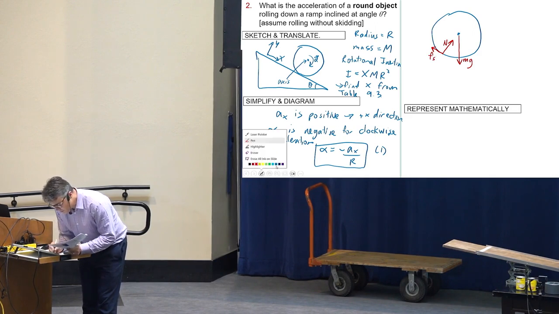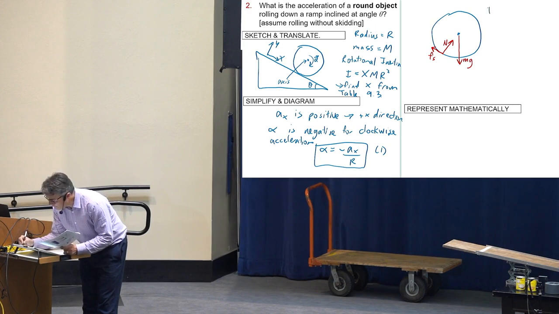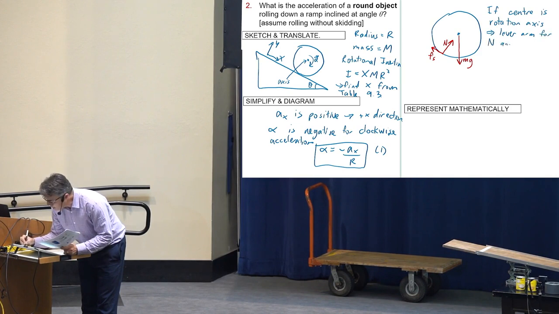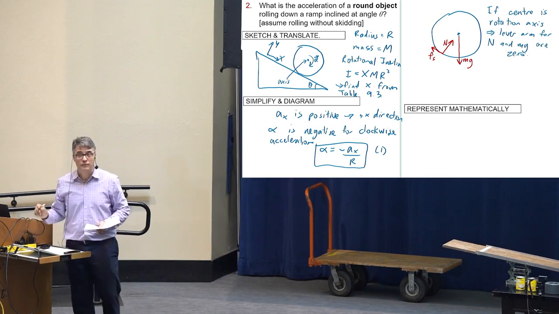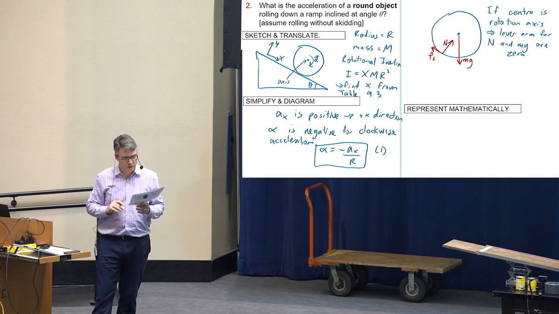So I'll just make a note here that if the center is the rotation axis, then that implies that the lever arm for N and mg are 0. And in any case, there's no torque from gravity or from the normal force.